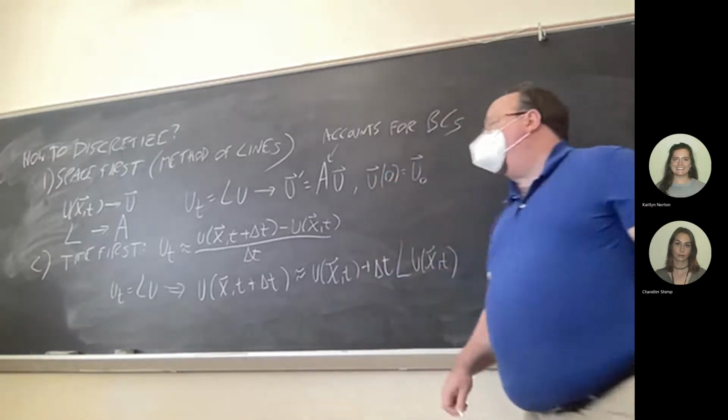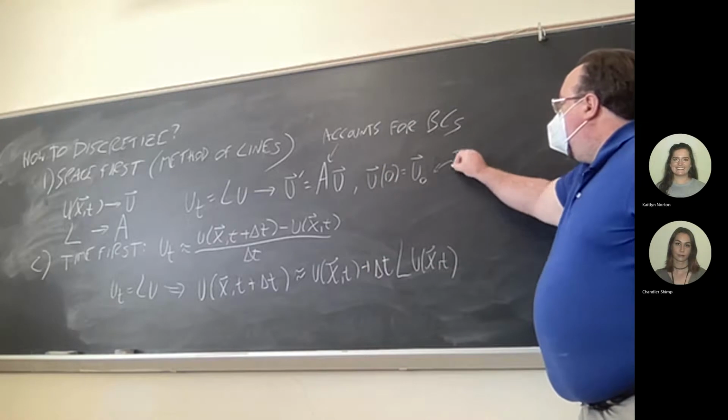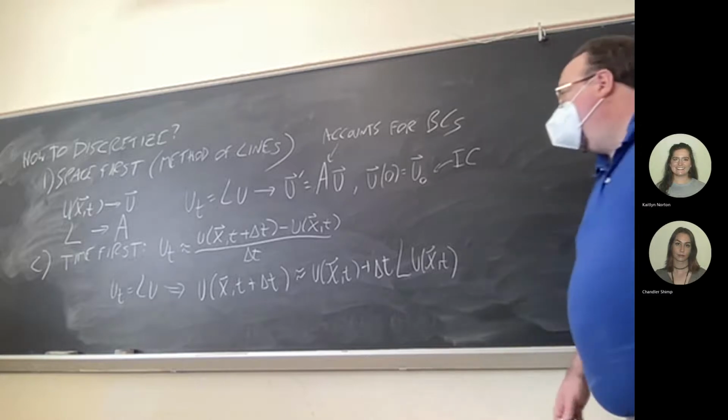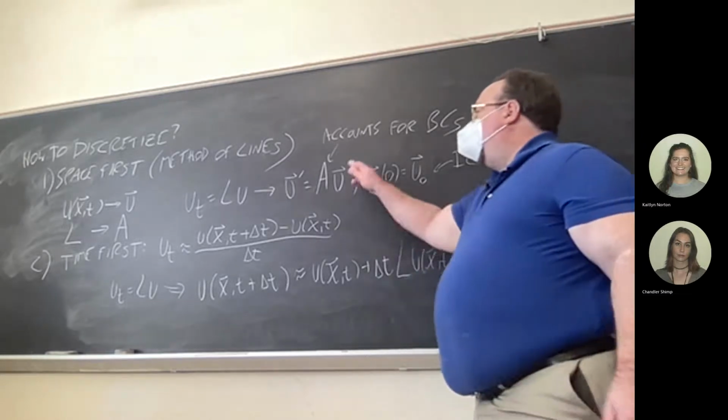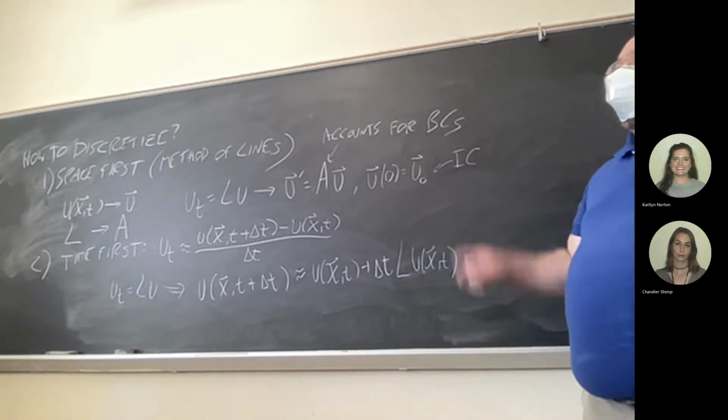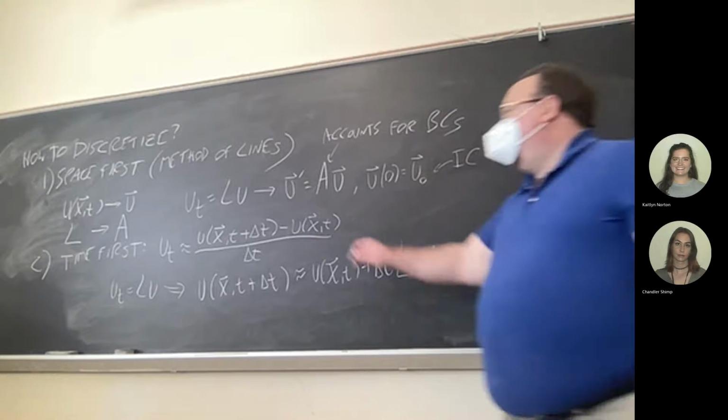So you still have an initial condition that is a spatial discretization of the original initial condition that you had from the initial boundary value problem. But how you discretize in space, like what finite difference formulas or whatever other method you use, has to take the boundary conditions into account just to get this far.